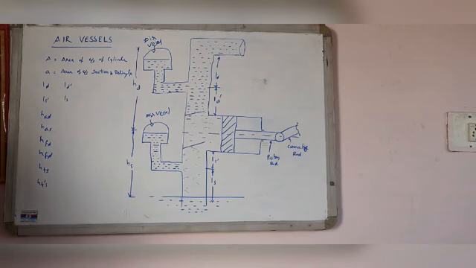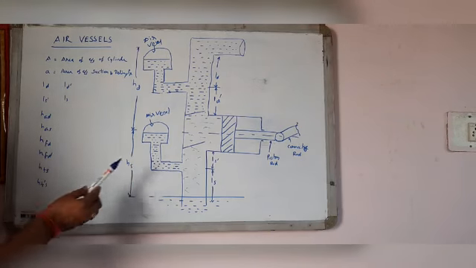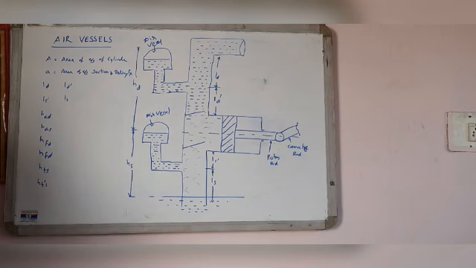An air vessel is fitted to the suction pipe and to the delivery pipe at a point close to the cylinder of the single acting reciprocating pump.